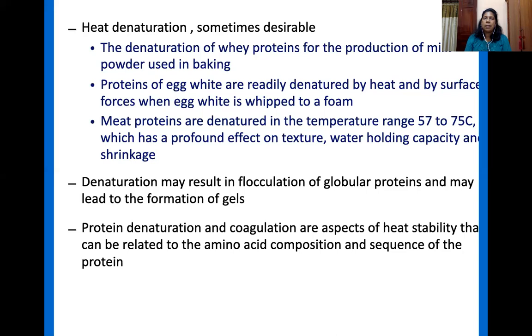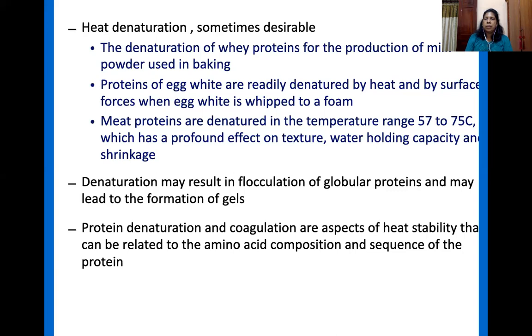Therefore, you get the rubbery nature of the sausage and the mouthfeel, and you can cut it with your teeth, because this structure comes from this situation, right? Coagulation aspects of heat stability.